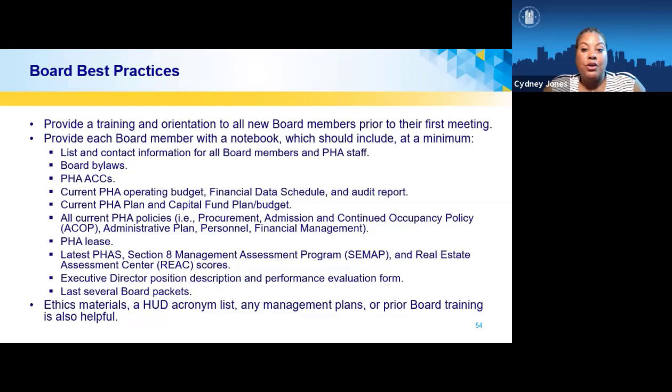You also want to make sure that all of your board members understand the conflict of interest and ethics requirements that HUD has. It also may be a good idea to provide an acronym list, because we use quite a few abbreviations in the public housing and HCV program. Also, any management plans or prior board training is also helpful.